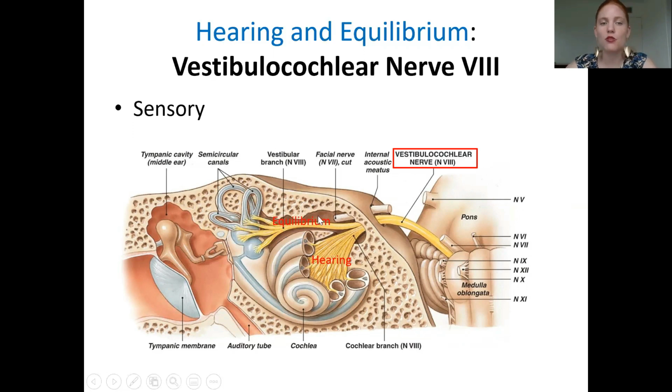So both equilibrium and hearing information is going to travel together through the vestibular cochlear nerve, and then that will go into the brain. And you're going to find the vestibular cochlear nerve at the junction between the pons, which is the first big bump of the brainstem, and the medulla oblongata, which is the smaller bump underneath that. Okay, so it kind of goes in right where they are together.